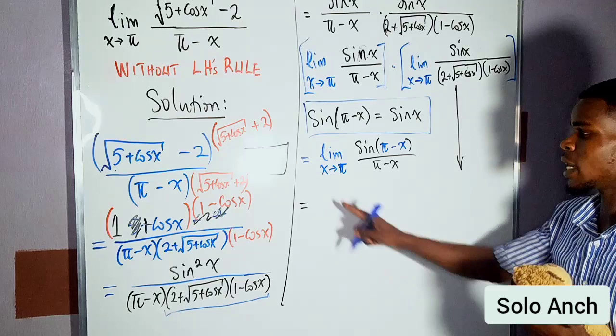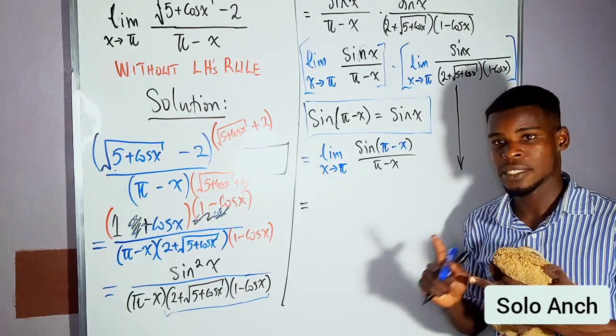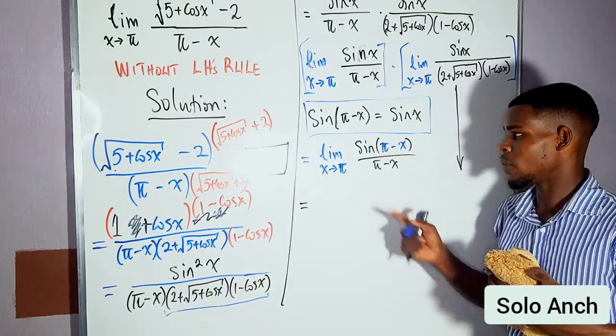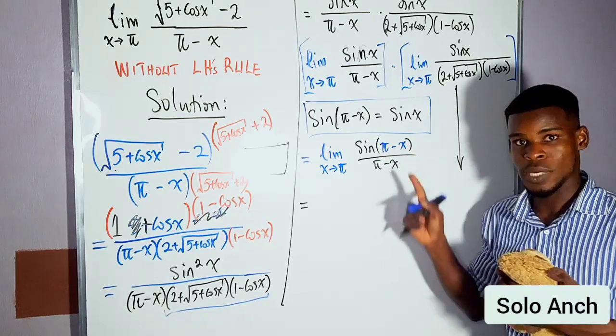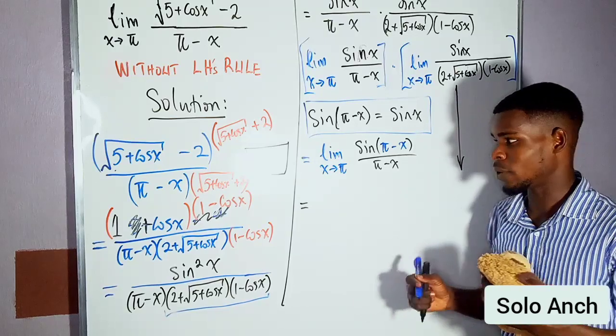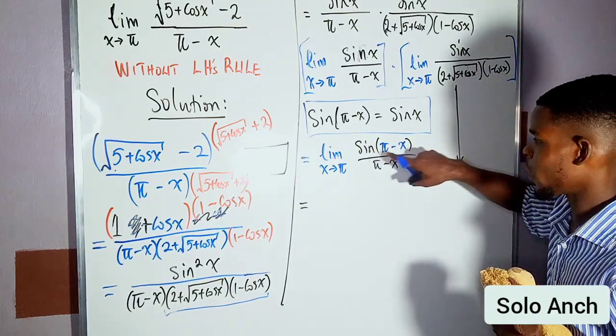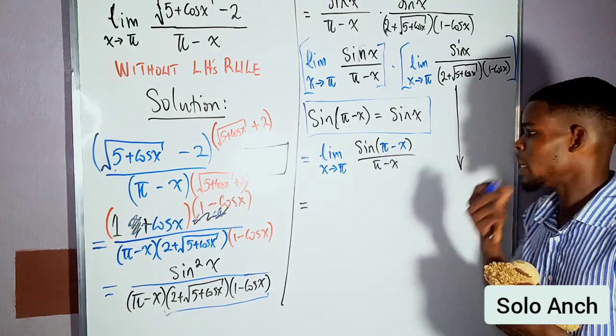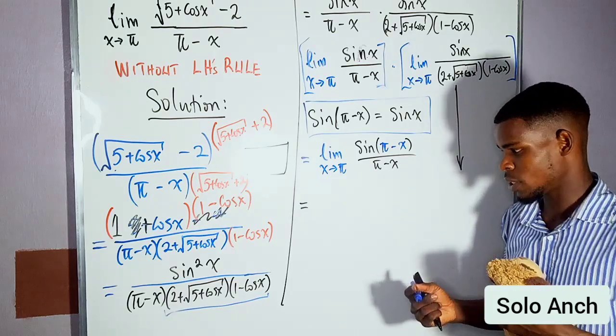So notice something, as x approaches pi, that is, as x gets closer and closer to pi, this angle is approaching 0. Their difference approaches 0 as well. So we are having sine of an angle which approaches 0 divided by the angle itself, which is approaching 0.